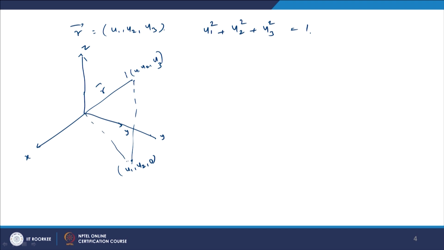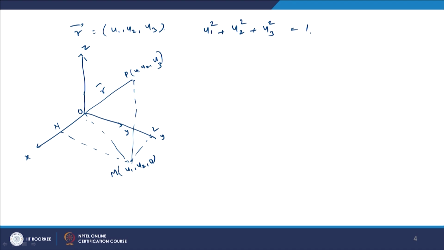So this point is P, OP is 1, and this point we call M, and if it is projected on the x axis and y axis, let us call them N and L. So ON is u1, OL is u2 and PM is u3, that is the value here.